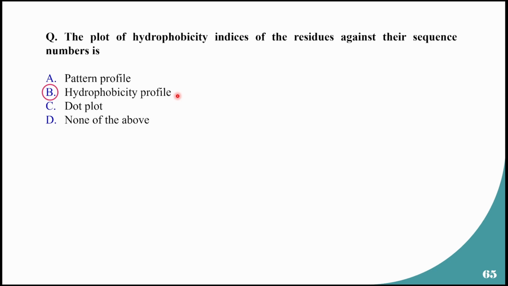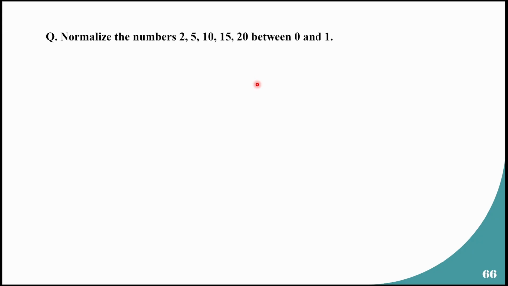So residue number is on the x-axis and hydrophobicity on the y-axis. Based on the structure of the plot, you can say whether the residues have a repeated pattern of hydrophobicity and hydrophilicity, or whether a certain stretch is all hydrophobic amino acids. You can get this kind of information from a hydrophobicity profile. Anytime a profile is mentioned, it is usually against something like residues, and since it's hydrophobicity, it will be the hydrophobicity profile, based on the indices.